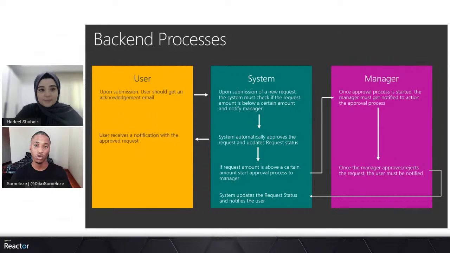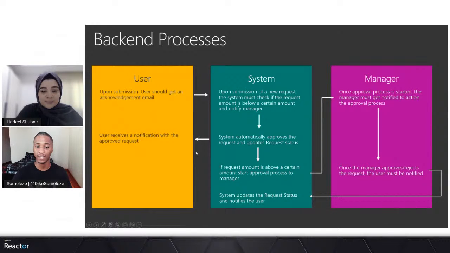The reason is because if it's below a certain amount, it'll automatically approve that specific request, and then obviously notify the manager that this specific employee has requested this device. And then if it's above a certain amount, then obviously another process needs to come into play.